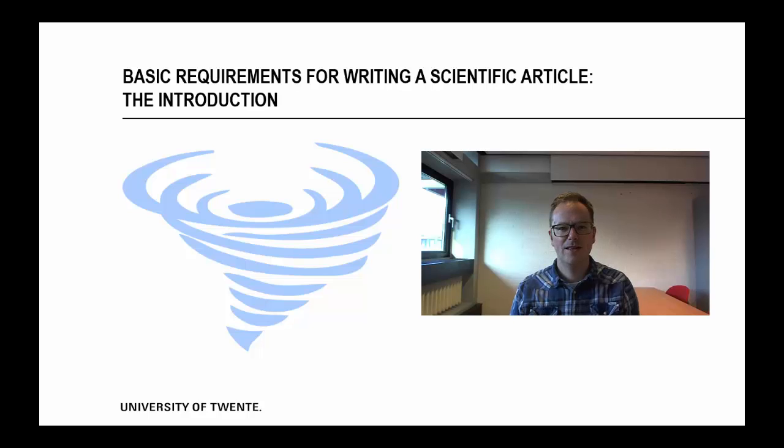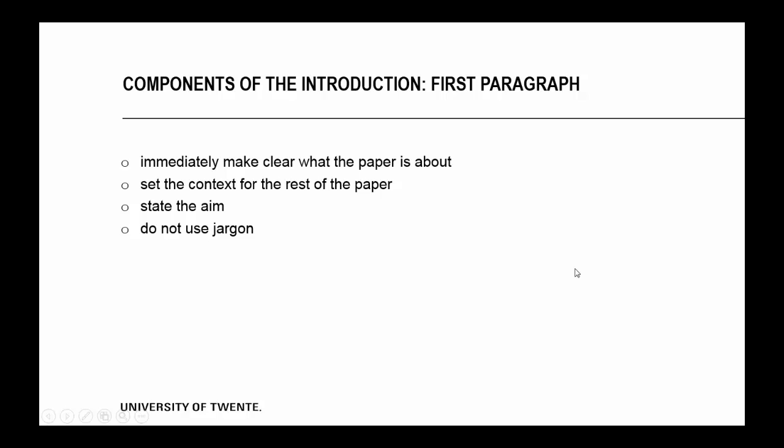So let's start looking at the first paragraph. Where do you start? With the risk of stating the obvious, the first paragraph is really important. It is probably the first thing that the readers of your article will read.